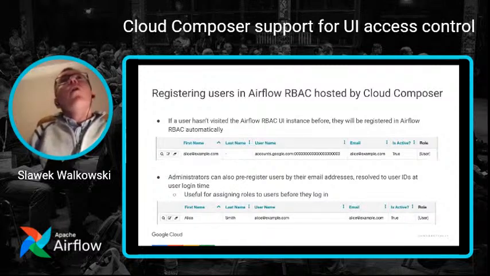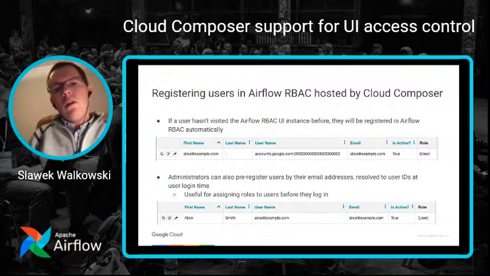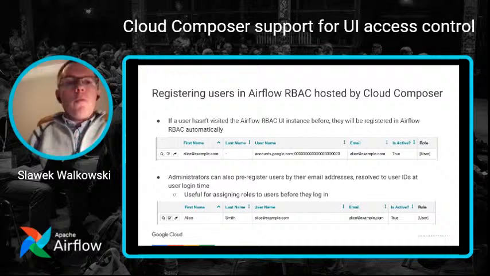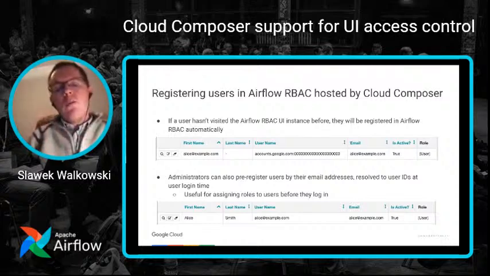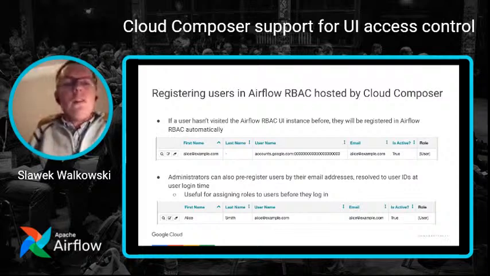Now you may ask, how are the users registered in Airflow RBAC? How do the user records appear there? If a user hasn't visited the Airflow RBAC instance of the given environment before, they will be registered in Airflow RBAC automatically. I'll talk about the details of this process in the next few slides.